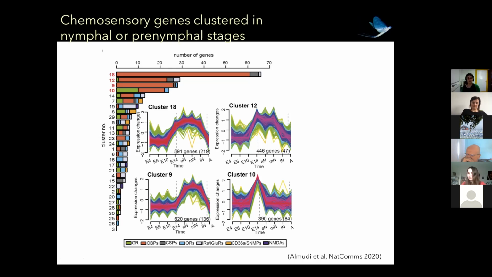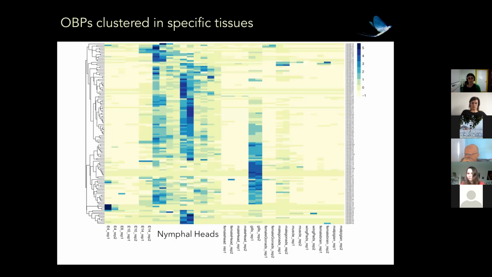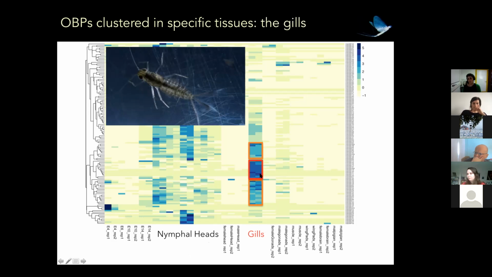Not only that, as we have many different samples, we also looked across these samples to see where these odorant binding proteins were expressed, and we found that most of them were expressed in the nymphal heads. It was quite expected, because insects smell, or have chemosensation, through the antenna in the head. But what wasn't so expected was this cluster of odorant binding proteins that were expressed in another tissue, the gills.